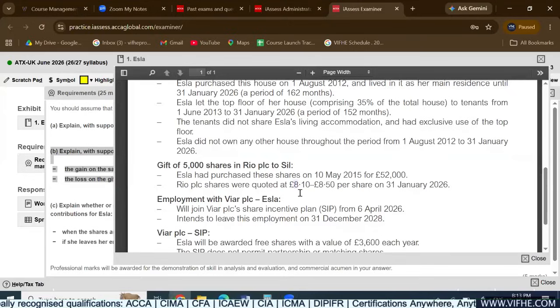This is the highest and the lowest quoted price. So the market value of the share is determined by taking the average of the two quoted prices, the highest and the lowest one, in order to determine the mid price, right?